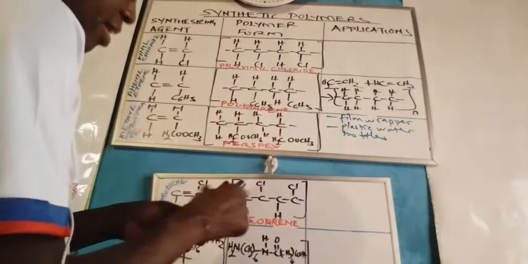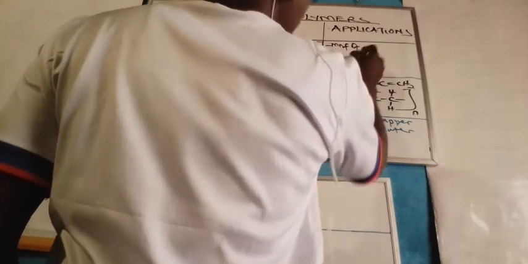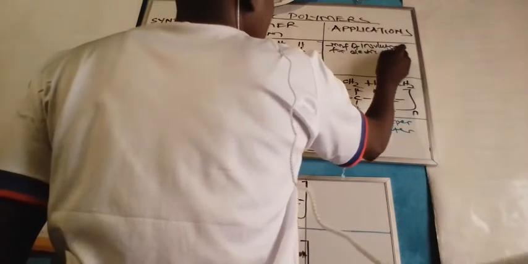Now, polyvinyl chloride is a much tougher substance than polyethene itself. For this reason, the polyvinyl chloride is used in the manufacture of insulators for electric cables. Two, we use polyvinyl chloride to manufacture safety belts for motor vehicle.